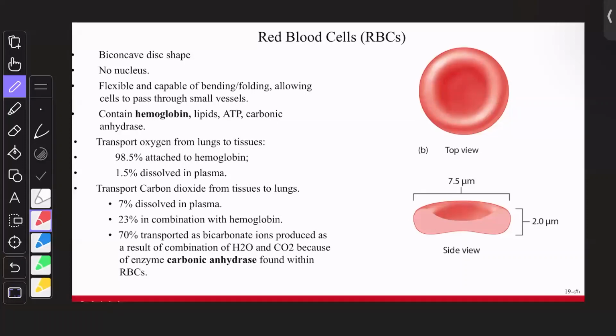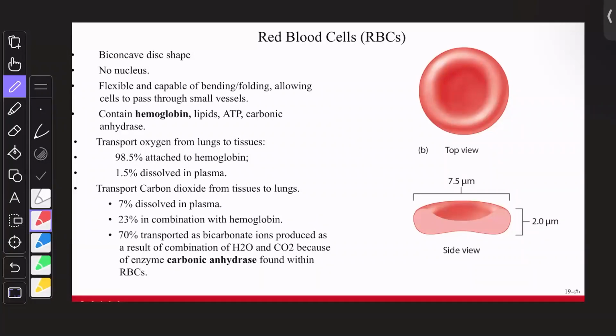So 7%, the smallest percentage of carbon dioxide, is dissolved in the plasma as carbon dioxide. A slightly larger percentage, 23-ish%, is actually transported by the red blood cell attached to hemoglobin. The largest percentage of carbon dioxide in your body is transported as bicarbonate in the bloodstream.